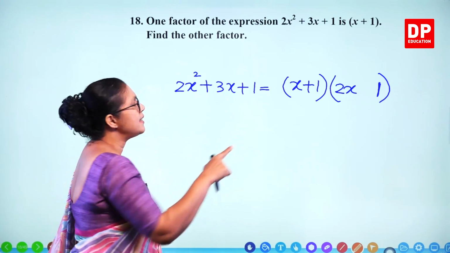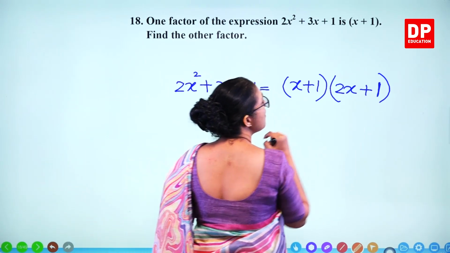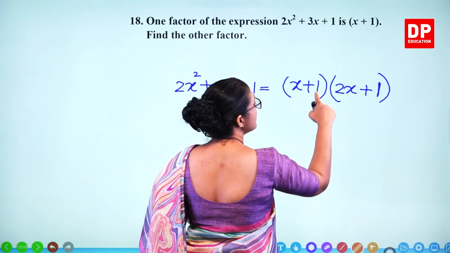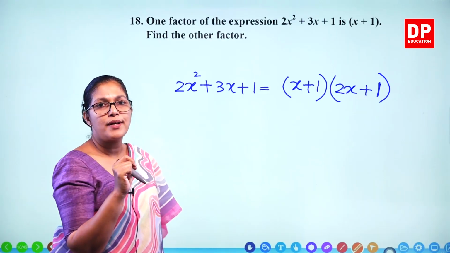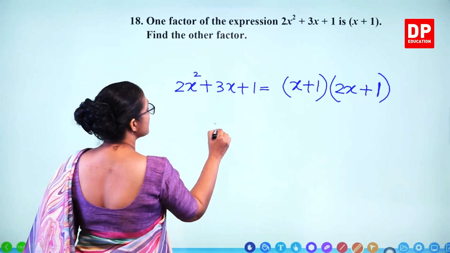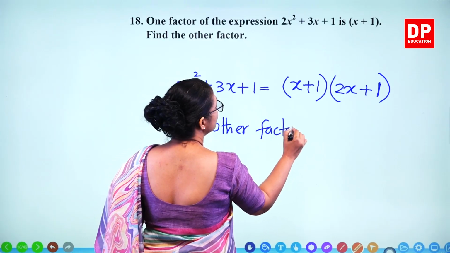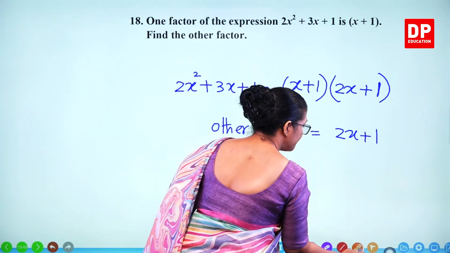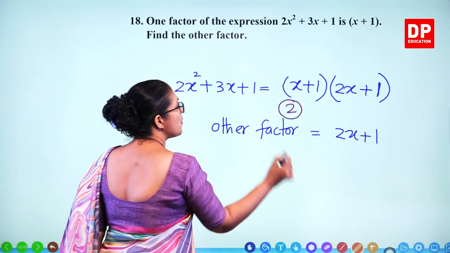And all the terms are positive, plus sign. So this should be plus. Now check. 2x squared, x plus 2x becomes 3x, and then plus 1. So the other factor is 2x plus 1. You get 2 marks.